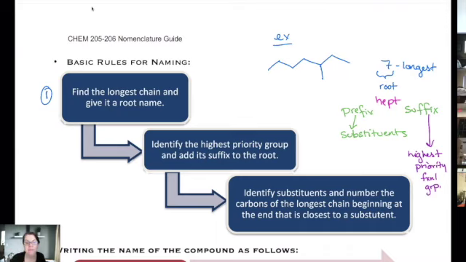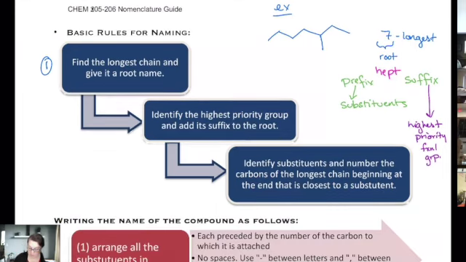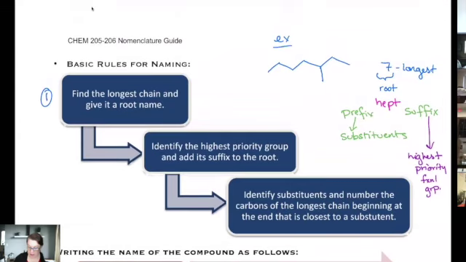Okay. At first, you're not going to need to memorize this list. You'll be given a list of priority. Okay. I'd rather you spend your time learning the functional groups and how to apply the rules than necessarily memorize all of them. Okay, so I'm going to go back onto our example here, and I'm going to add a functional group.